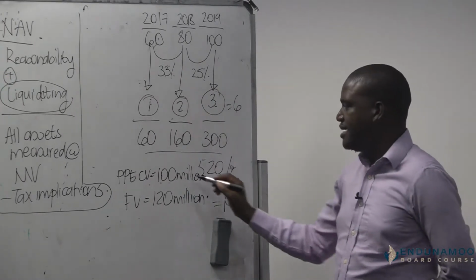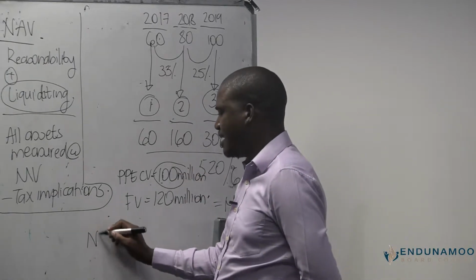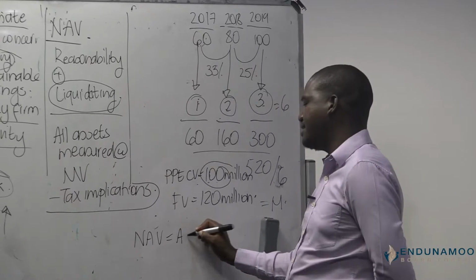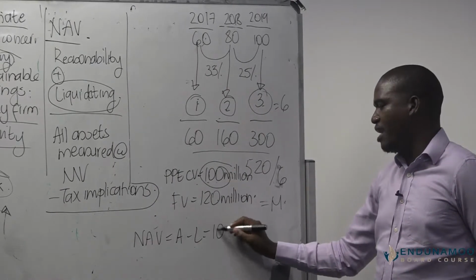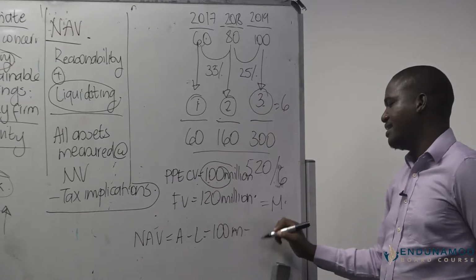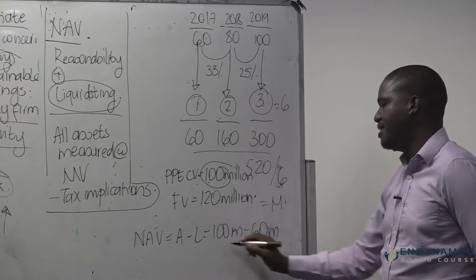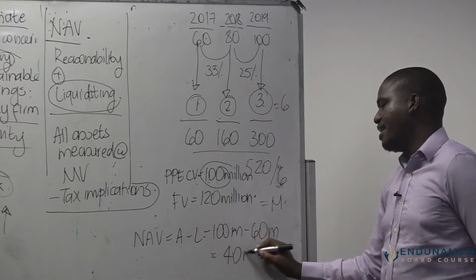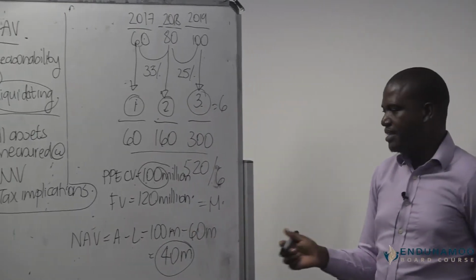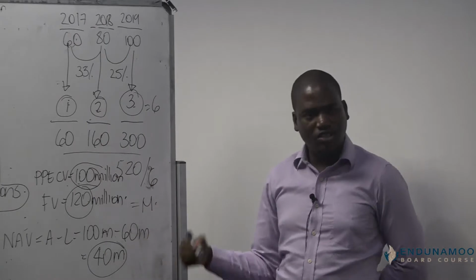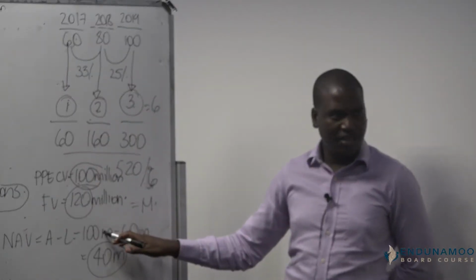Now, since you've already accounted for the 100, if I start with NAV, NAV being assets minus liabilities, say the asset of 100 million has debt with a balance of 60. So my net asset value is 40, for instance. Then the asset has been undervalued. If I'm to sell it, 100 million has already been taken into account here, right?